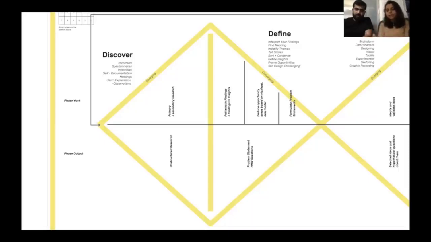Primary research in design is always with a person sitting in front of you, your potential user or a target audience. It can be the stakeholders, it can be your users, it can be somebody on your team, but there is a person, there's a human involved. That is human centered research, which is always considered primary in designing.